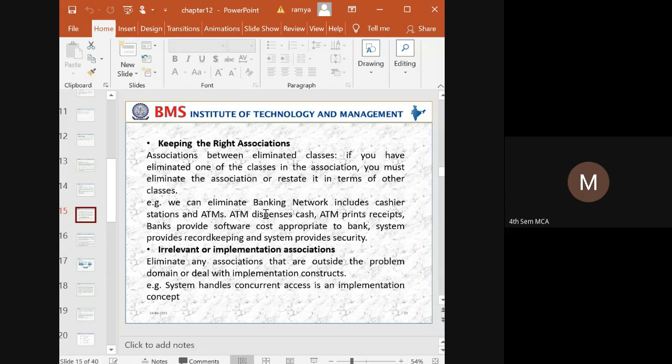And record keeping and system security is another class. Once we have connected all these classes, if we are eliminating the record keeping and security provision, those associations should be eliminated from the class model.